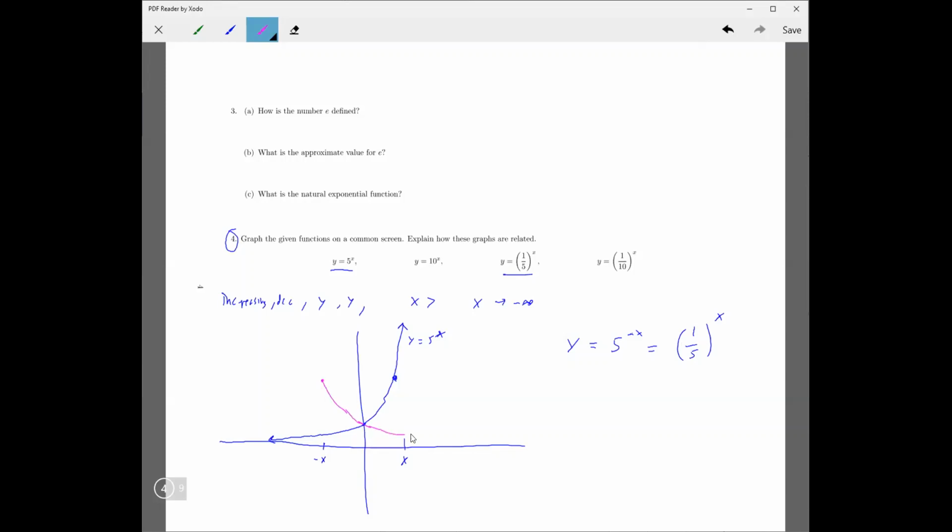That's why it's going to be a reflection through the y-axis of the other one. So any point over here, when you take the negative value of it, that's the value that you're going to get for the other one. Okay, hopefully that gives you a little bit of an idea. And if you think about it, maybe that will help you further.